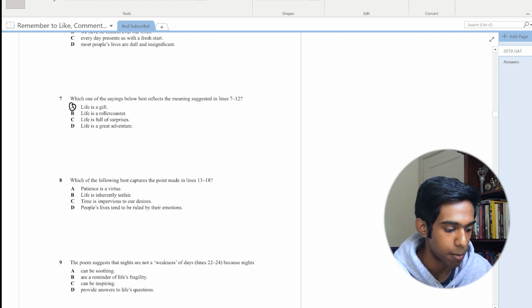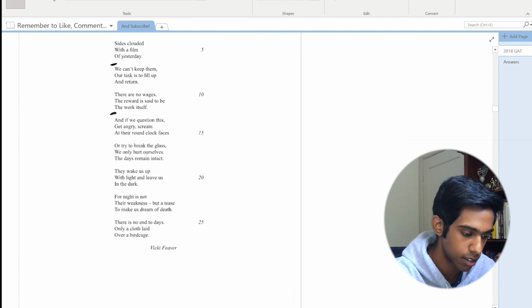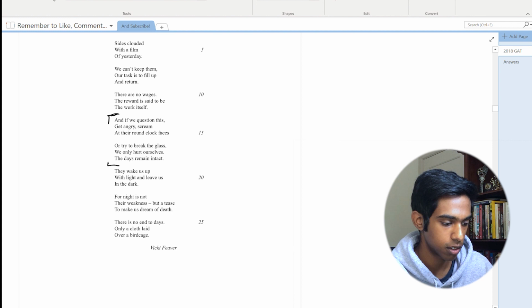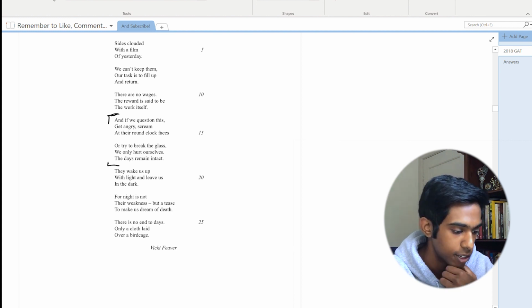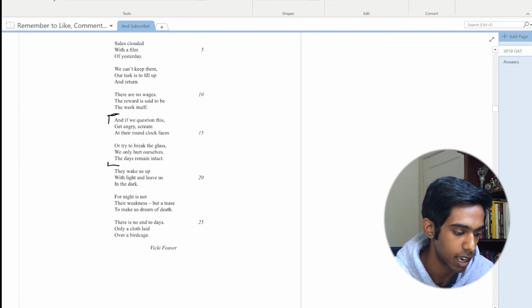Which of the following best captures the point made in lines 13 to 18? So let's read 13 to 18. So that would be from here to here. And if we question this, get angry, scream at their round clock faces, or try to break the glass, we only hurt ourselves, the days remain intact.